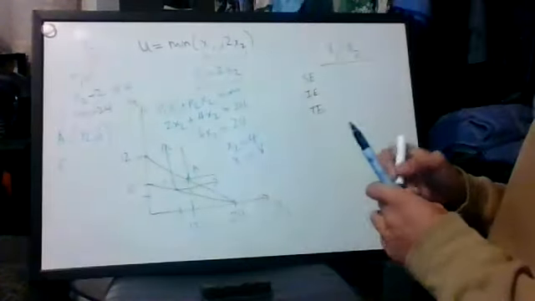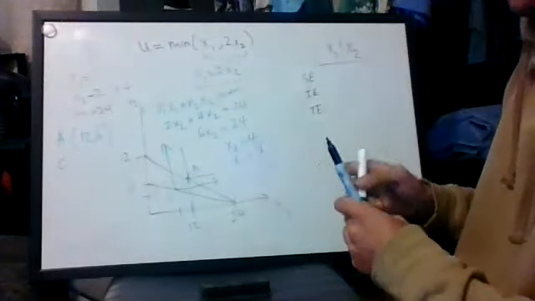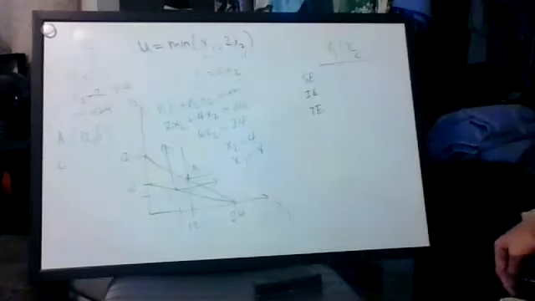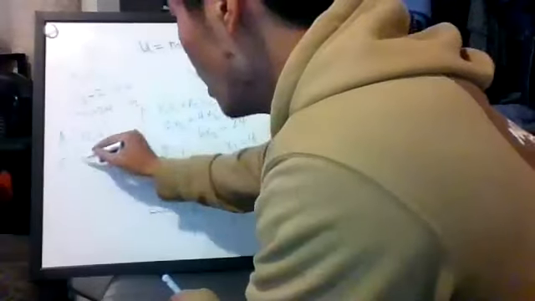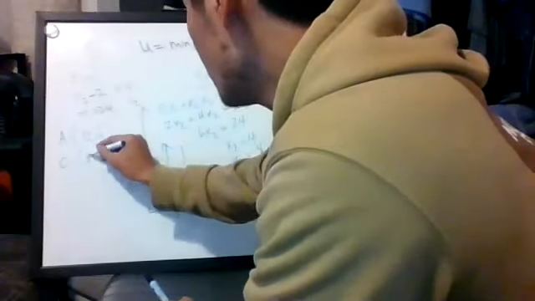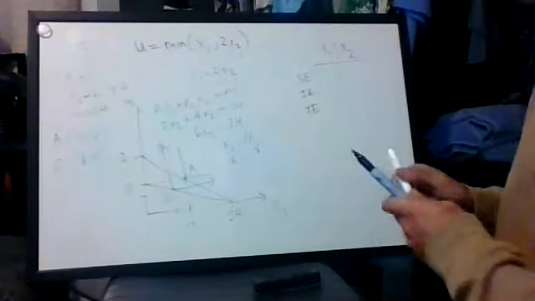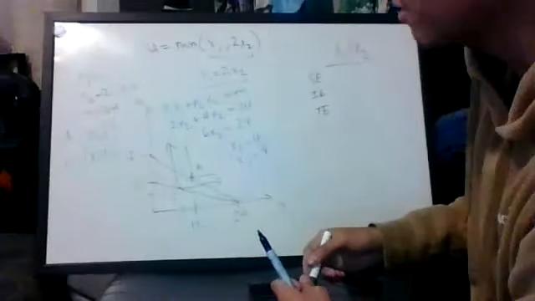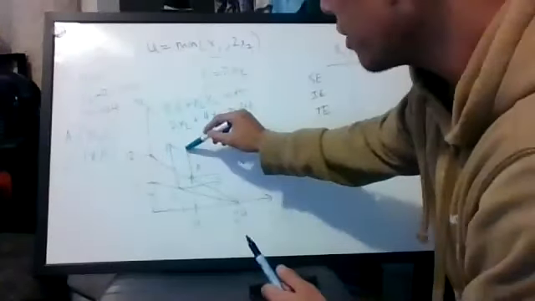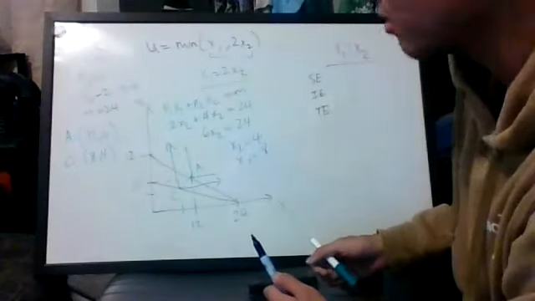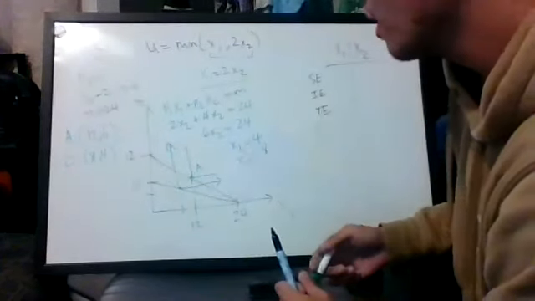Okay? And so we now have what A to C is. I'm trying to think if there's a right way of solving for B. So this is 8, 4. We know that conceptually, point B is going to be on this indifference curve, this original curve.